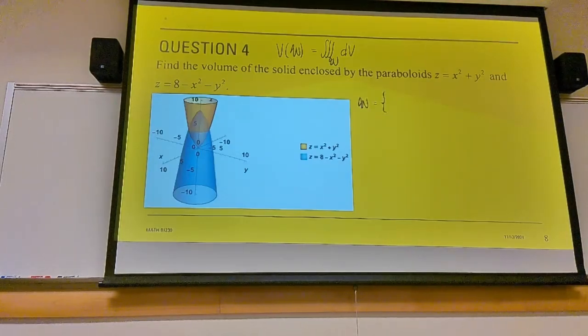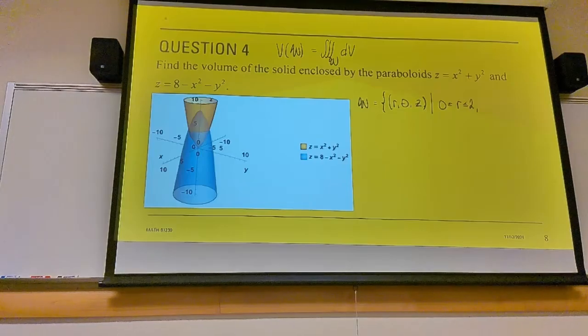I'm gonna say r from 0 to... Is theta 0 to 2 pi?